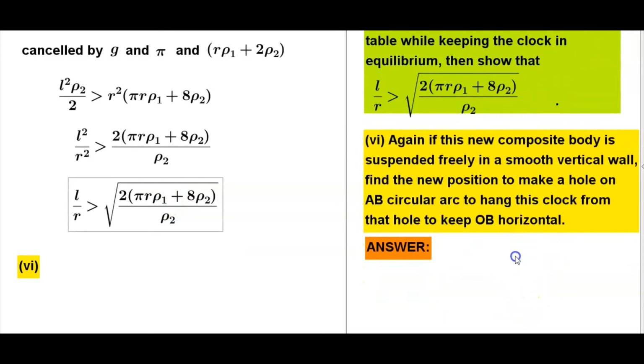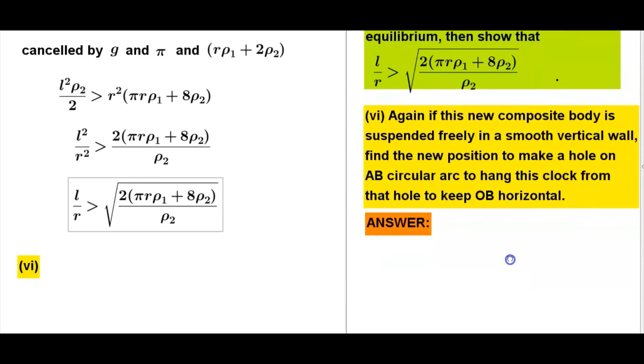Now part 7, the last part. Again, this new composite body, now the composite body is the clock and rod, is freely suspended.